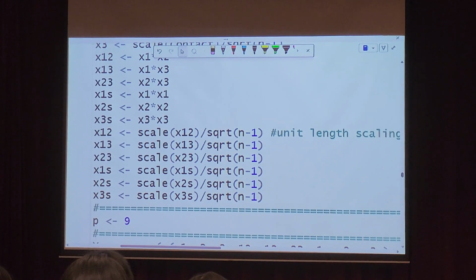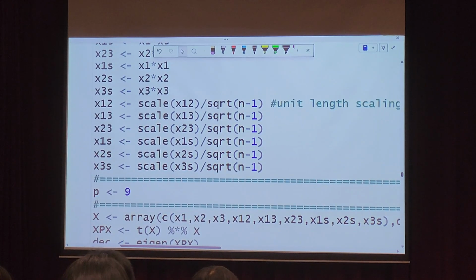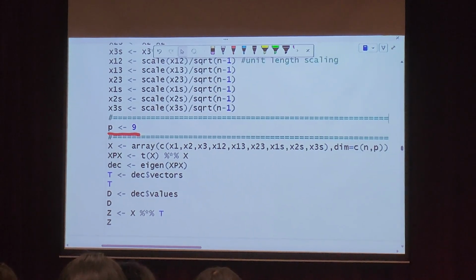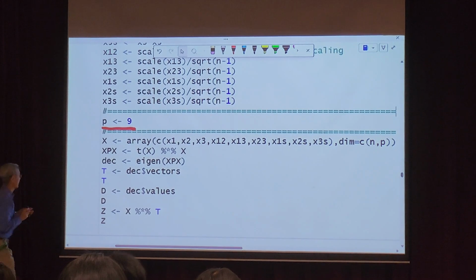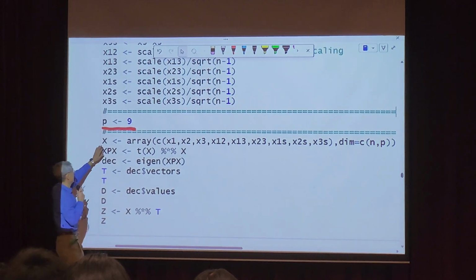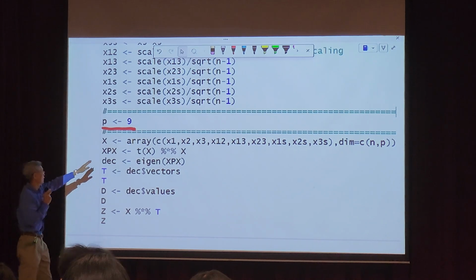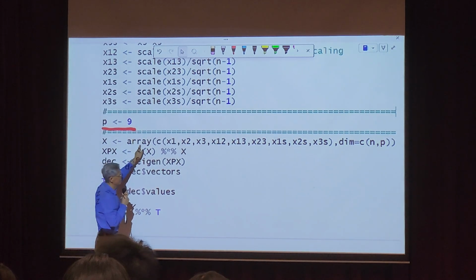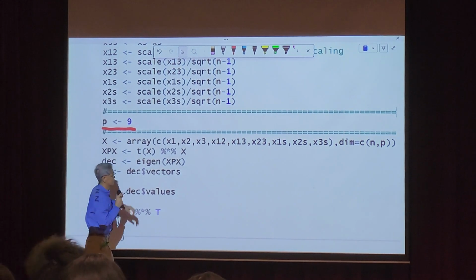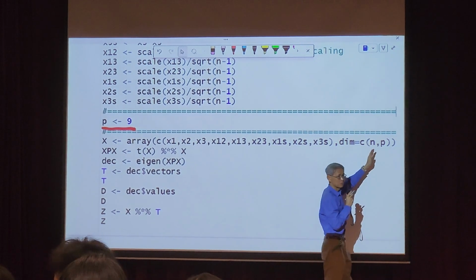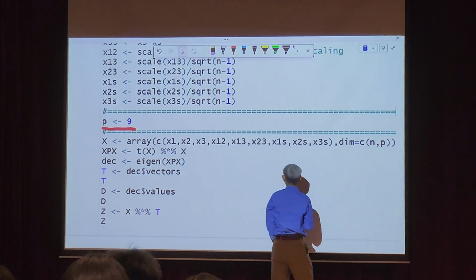So I scale x12, x13, and then P is 9. So I write that down. So next, I try to find the X matrix. I put them together as a matrix using this array function, and I specify the dimension of my matrix, n times p. P is 9.